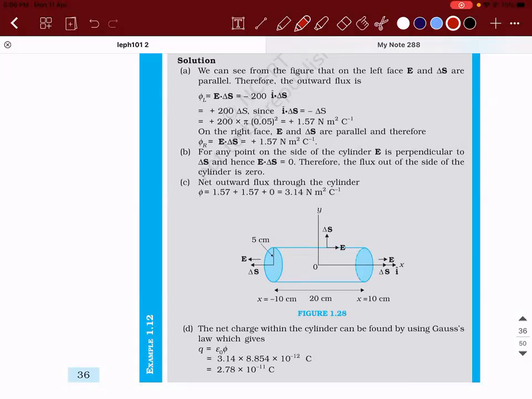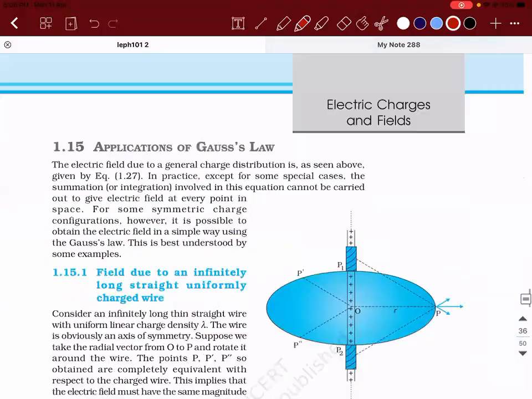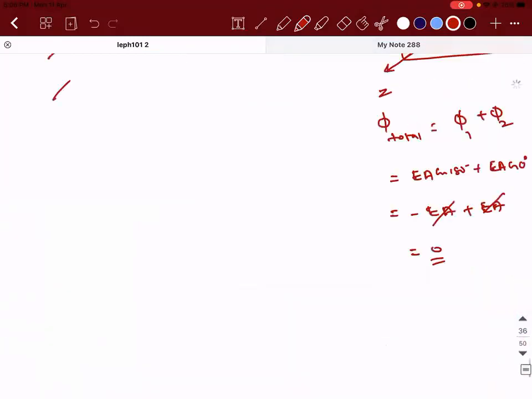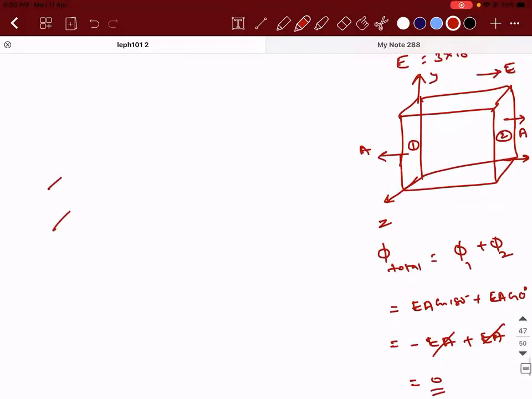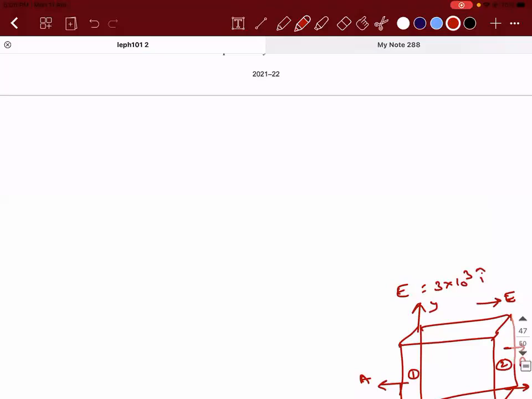In the 15th question, we had the electric field in a particular direction and the area. It was the previous one. We had the area vector at 60 degrees to the electric field. Electric flux means the number of electric field lines passing perpendicular to the area.